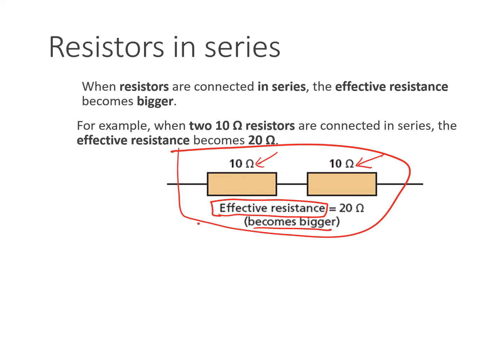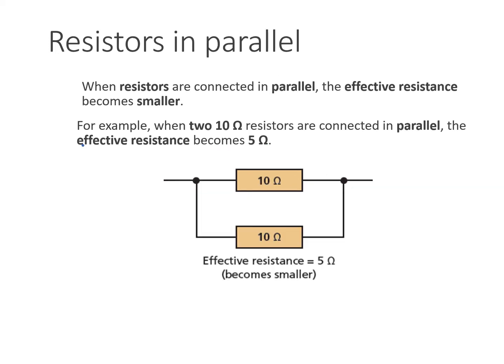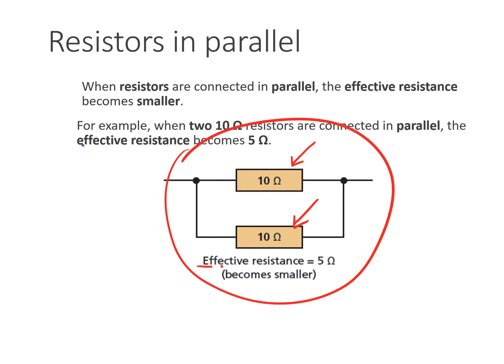Now, what happens when we put them in parallel? The same thing, we have two resistors, 10 ohms and 10 ohms individually. But when I put them in parallel, the combined resistance, or the effective resistance, has a value that is smaller than each individual one of them.